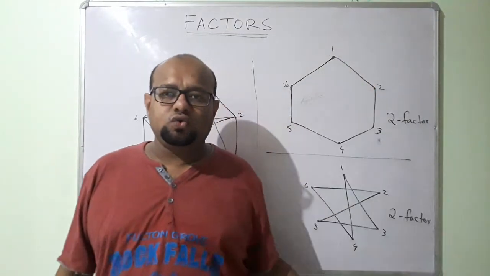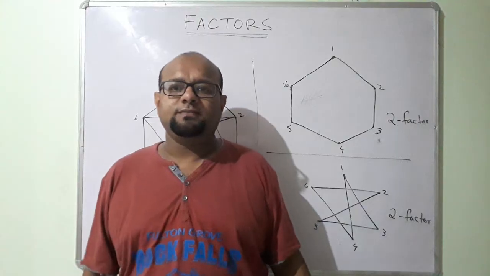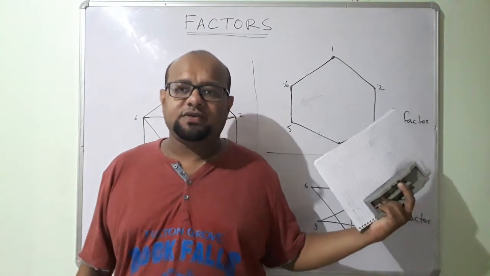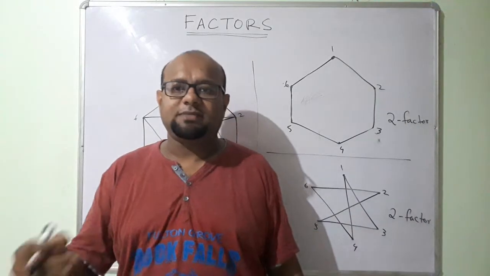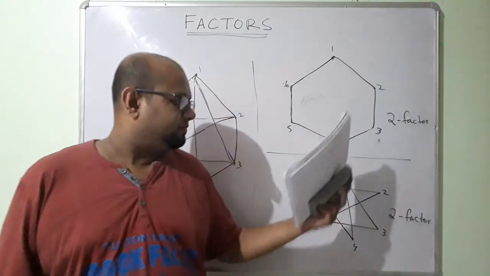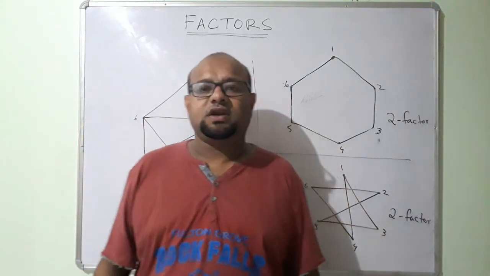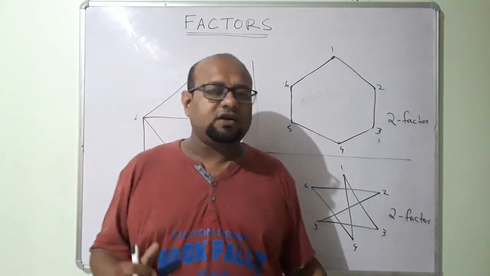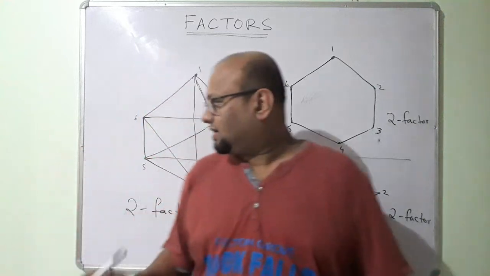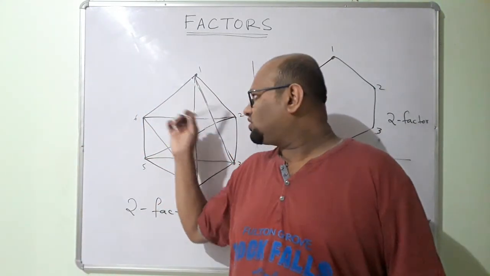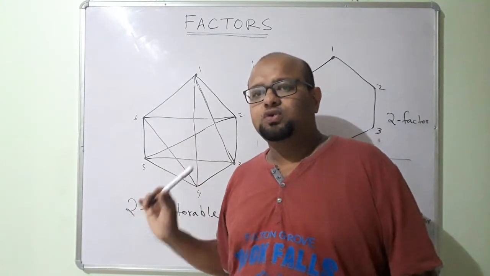We got two different two factors out of this graph. These are of course not one factor. That means these are not perfect matchings. We cannot say matching anymore. These are all cycles in case it is two factor. So we got this two factor out of this graph, and when I union them back, I got this original graph. So this is two factorable.